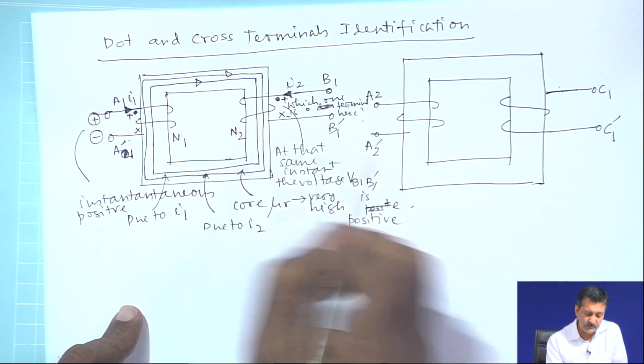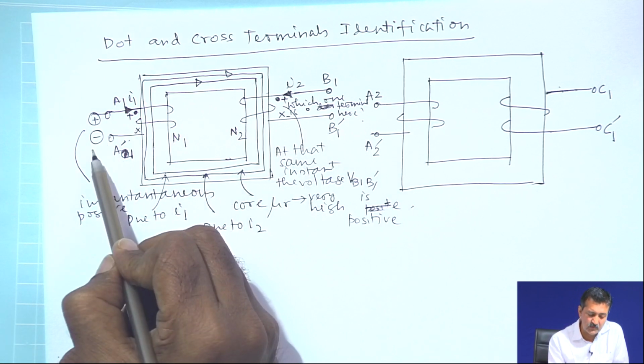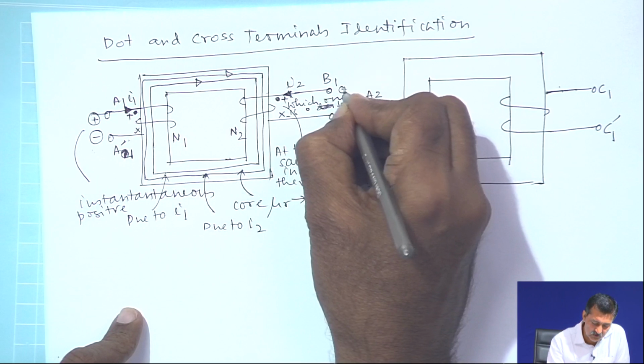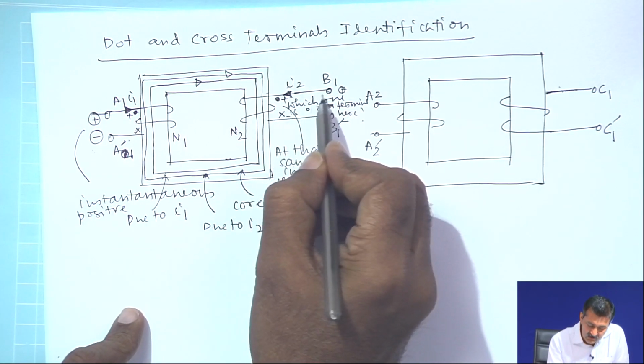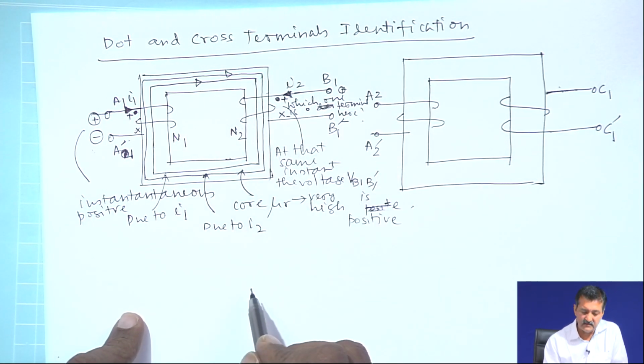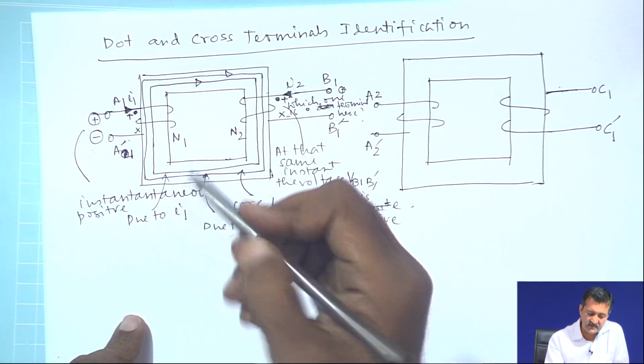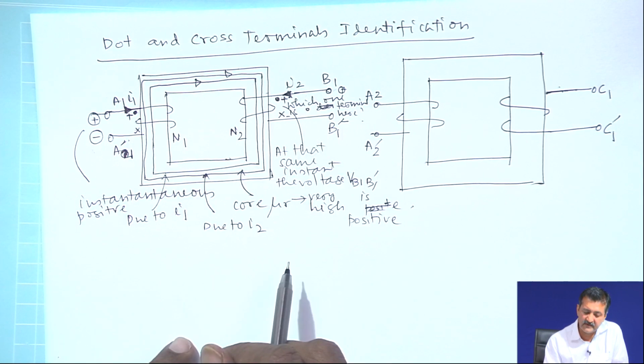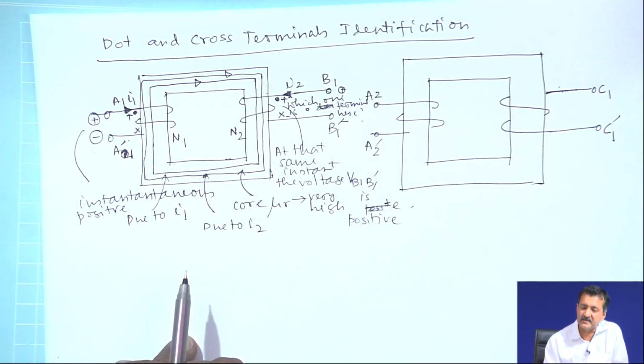That is what it implies: instantaneously if this voltage is positive, this voltage will be positive, because of the way the winding has been oriented. The current is a fictitious current in the sense that it need not flow; this could be an open circuit situation.